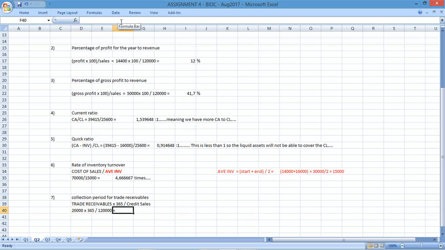So I would assume that all of it was credit. That gives me 60.8333 days. That would be the collection period for the trade receivables. So on average, every 60.8 days, that's how long it takes for us to actually collect outstanding debtors.